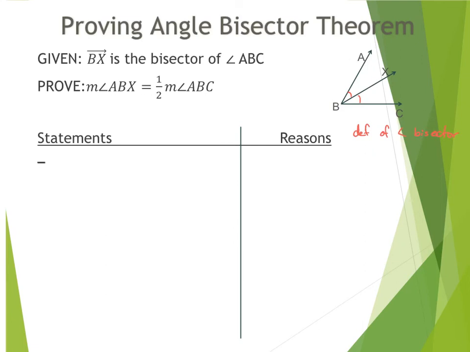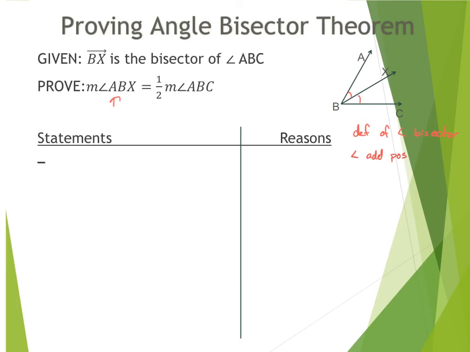Okay. And I have two angles. I have a whole angle. I notice that in my proof, I have a whole and I have a part, or a part and a whole. So I'm going to also write down the angle addition postulate, because odds are we're going to be using that one.